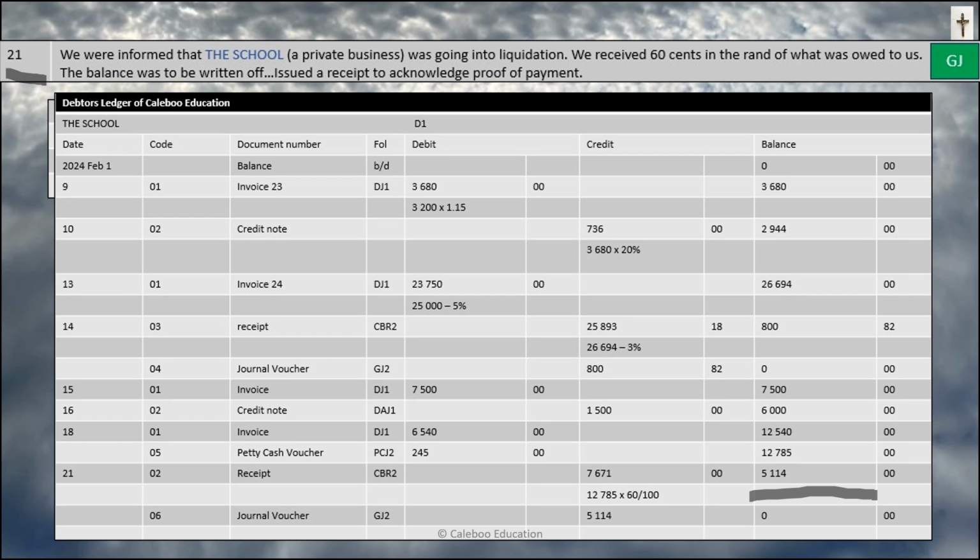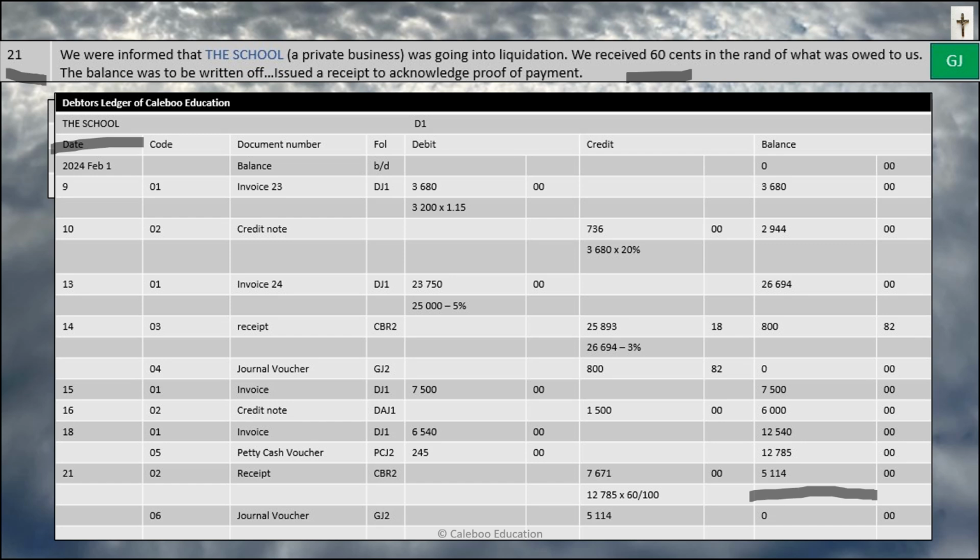So now we're going to have to record this transaction. Originally, we had made sales to the school. Now, the school has gone into liquidation. 40 out of 100, 40 cents out of every rand that was owed to us is going to have to be written off, because they said they only paid us 60 cents in the rand.